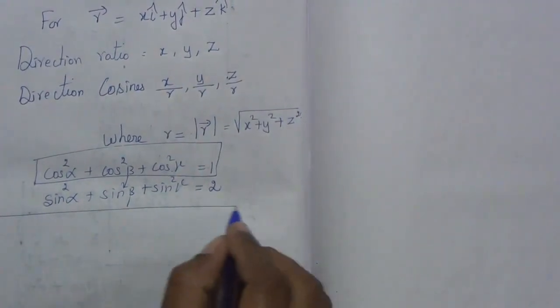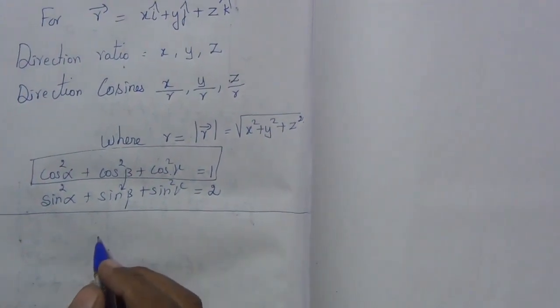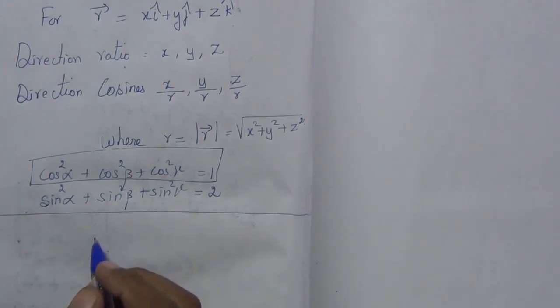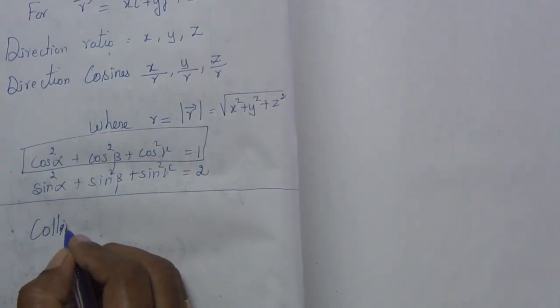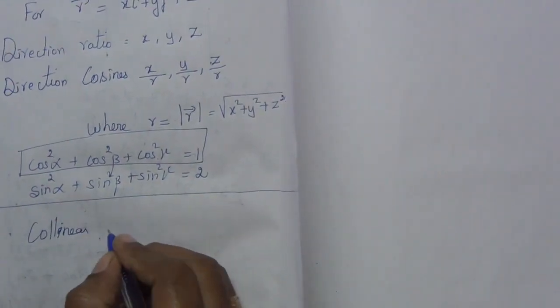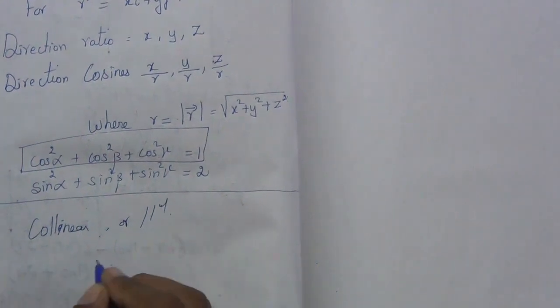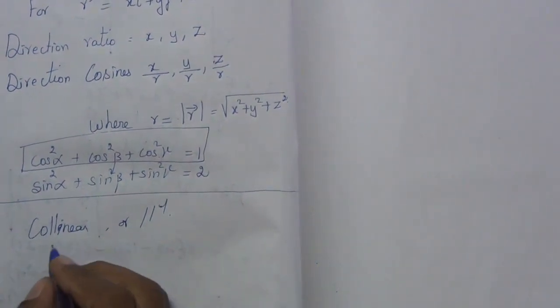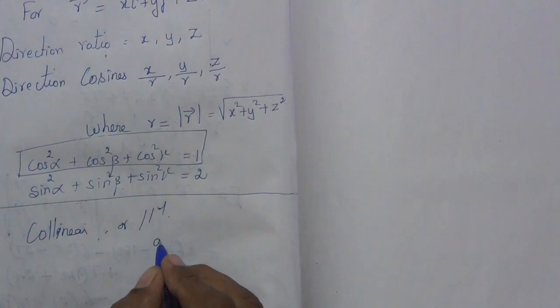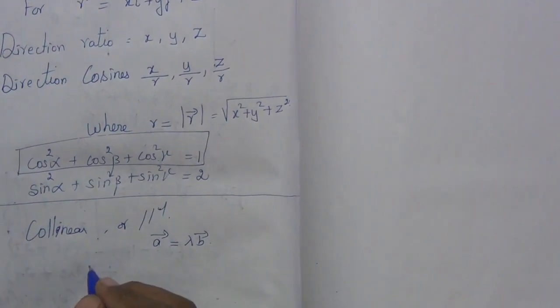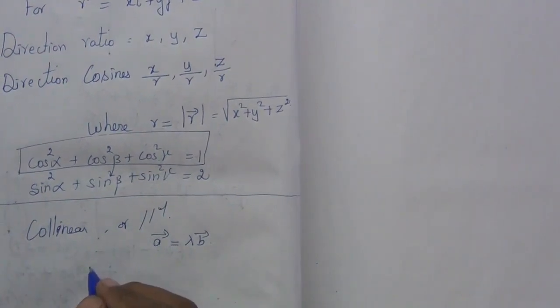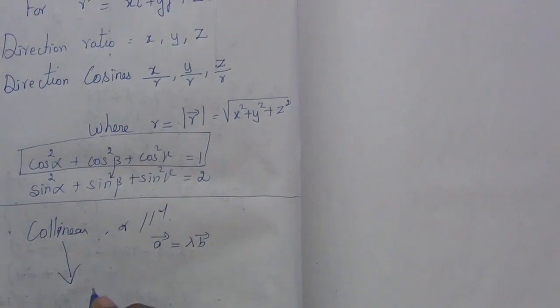Today the new thing we are going to learn is parallel, collinear, coplanar. For parallel, for a vector and b vector, the parallel condition is a vector is equal to some constant lambda into b vector. Collinear is the same thing.